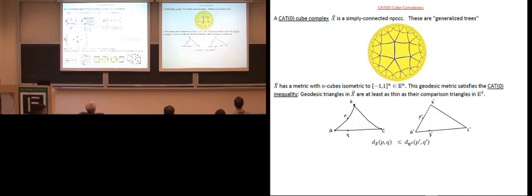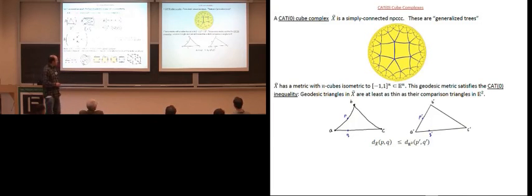Now, getting back to your question about why we're using the term non-positive curvature, any CAT(0) cube complex actually has a geodesic metric where the cubes are isometric to Euclidean cubes. This geodesic metric satisfies what's called the CAT(0) inequality, which was popularized by Gromov.